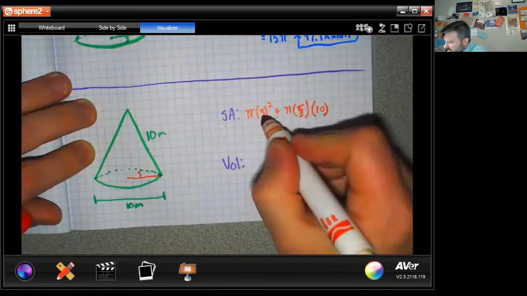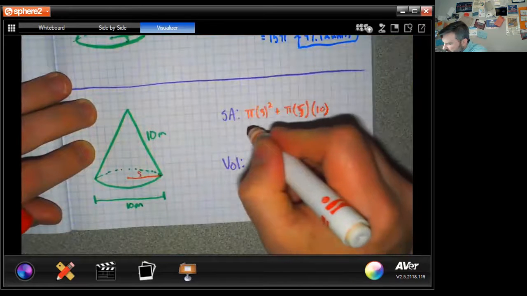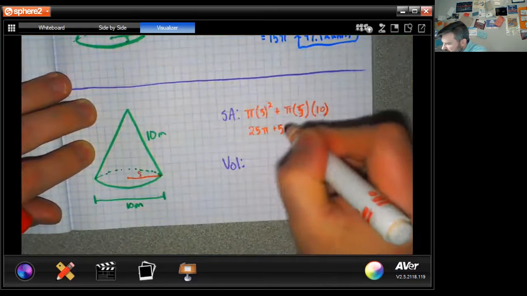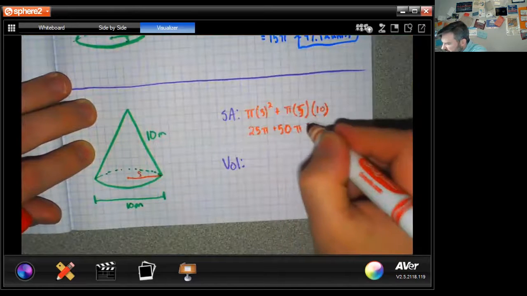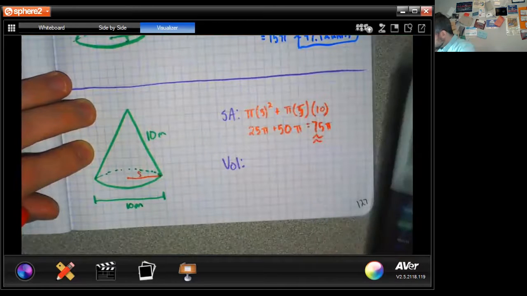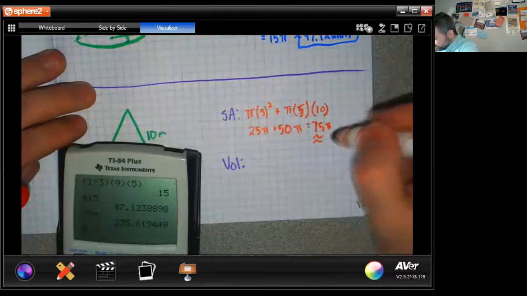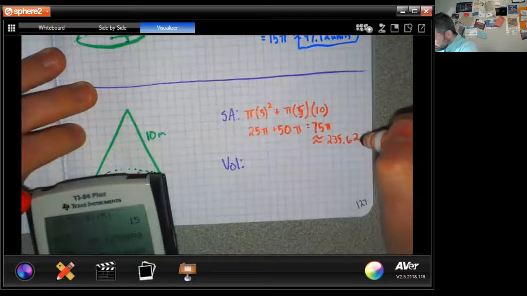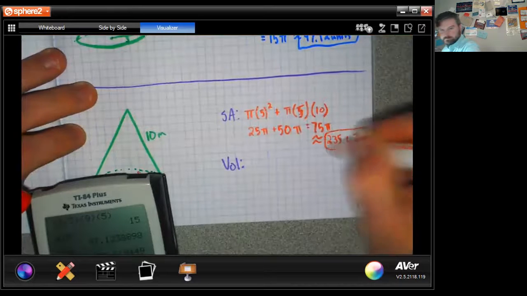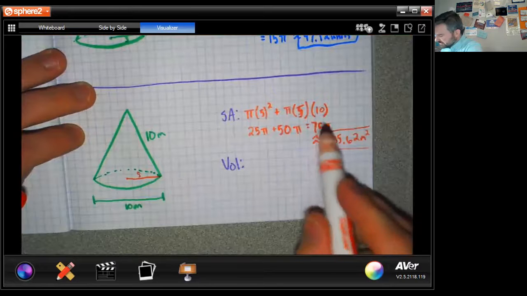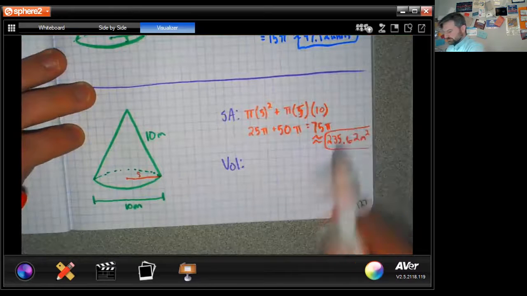Okay, so you got 5 squared is 25, so 25 pi. 5 times 10 is 50 pi. So this is 75 pi, which is about 235.62 meters squared. Okay, so if they want a pi answer, leave this. If they don't, put this in.